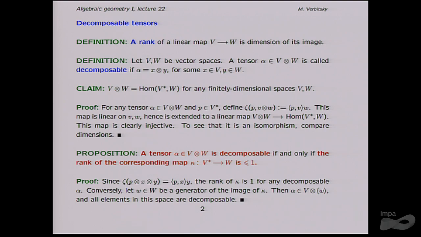And if you have some vector v inside V, you can multiply it by this sum and obtain the sum of the pairing of v with lambda i times wj.